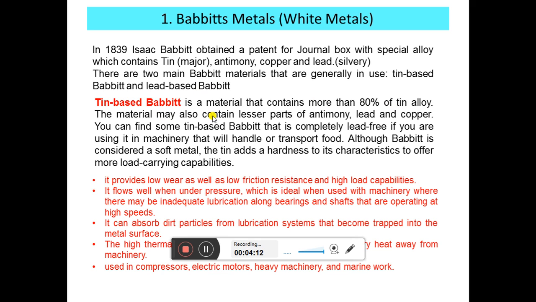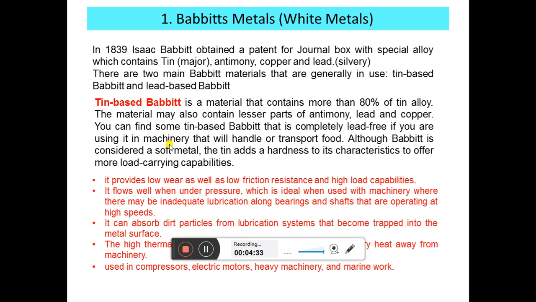Along with this, it also contains some antimony, which we already know is a metal, and copper. A tin based babbitt is completely lead free.